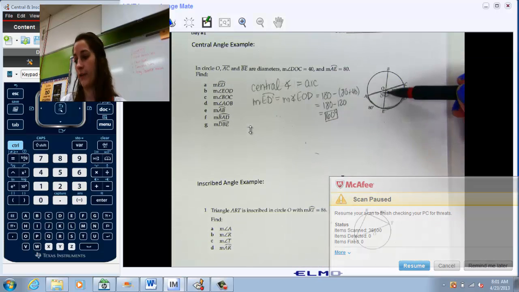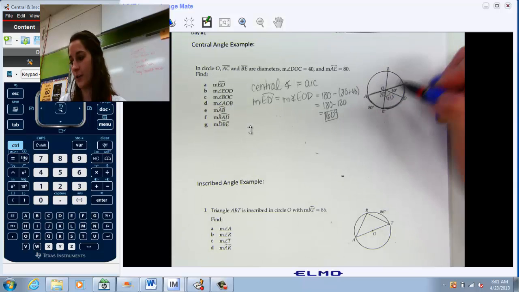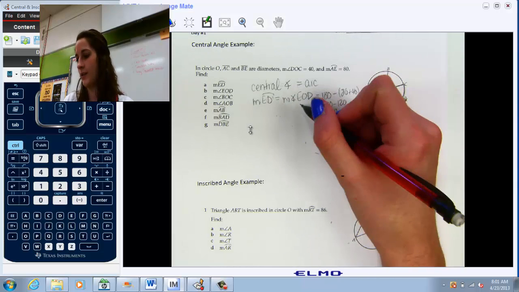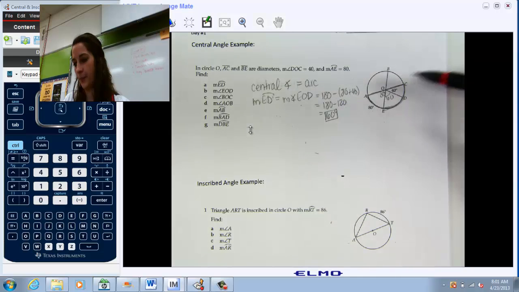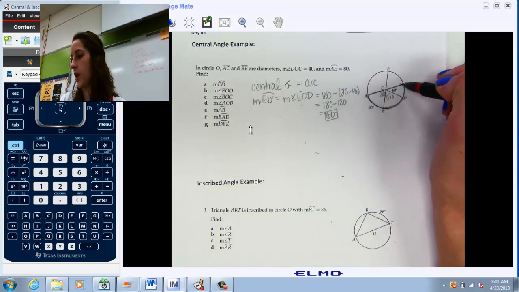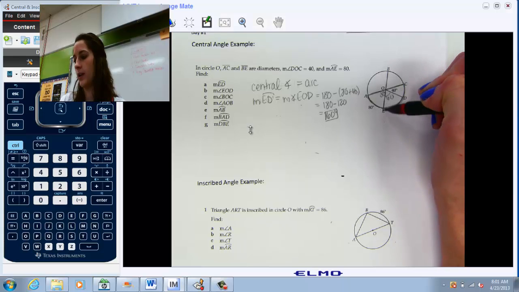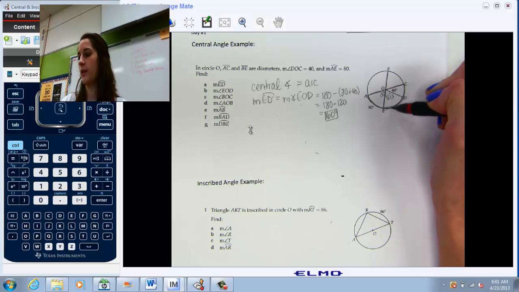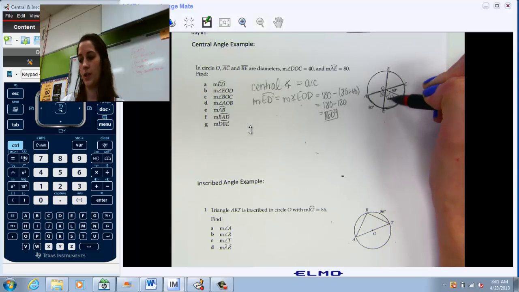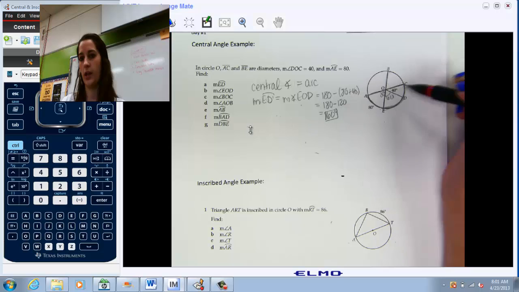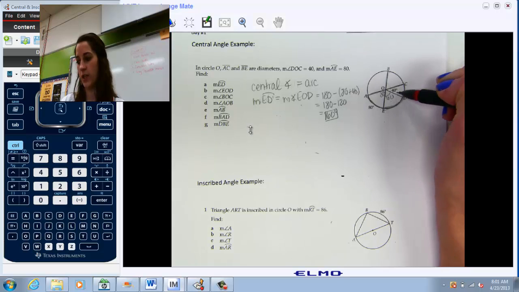Measure of angle EOD is also going to be 60 degrees, which we have here. Measurement of angle BOC. So let's take a look. BOC, again, because this is a diameter, the measure of this arc and this angle, because it's a straight line, is going to be 180 degrees. We have 60 degrees and 40 degrees.